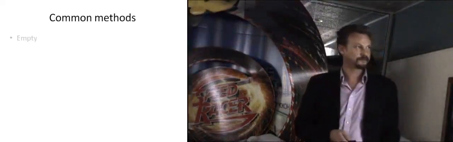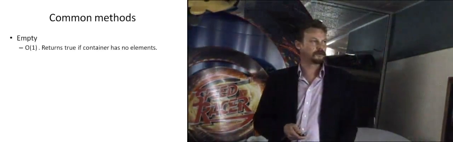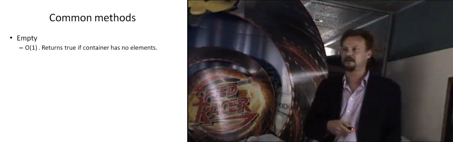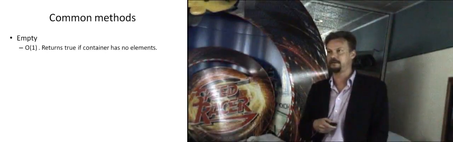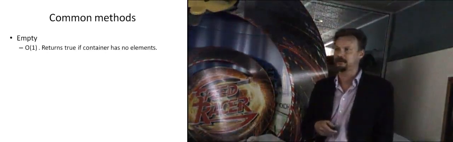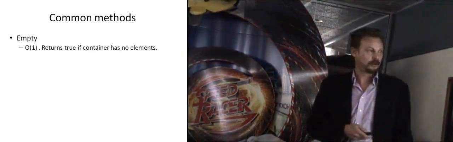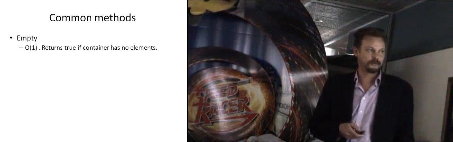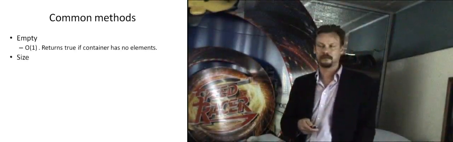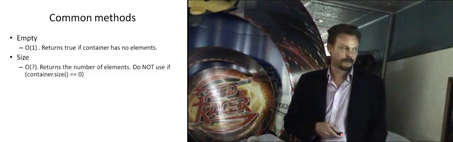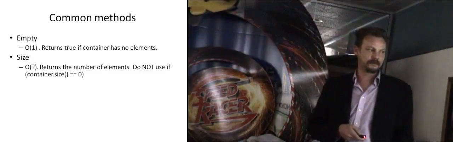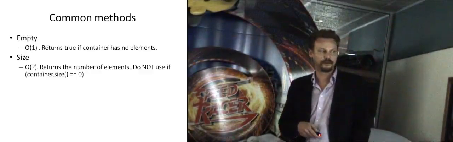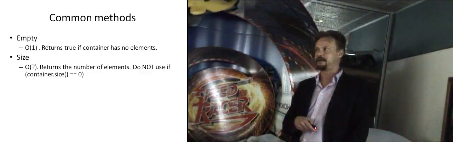Common methods for containers: empty. It's a lowercase e. Hate me or hate PowerPoint, which uppercases every first letter for you. That's const as well, and it returns true if the container has no elements. Don't use size to determine whether or not a container is empty. Size in some containers is, in general, order of question mark.